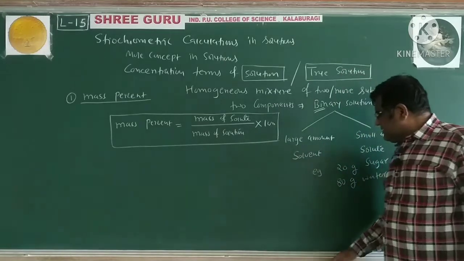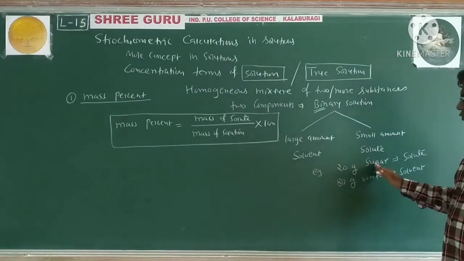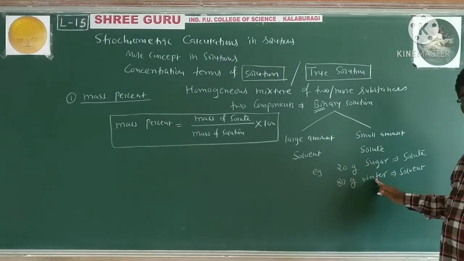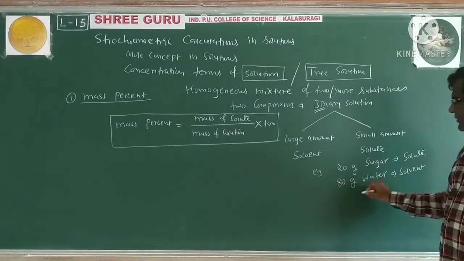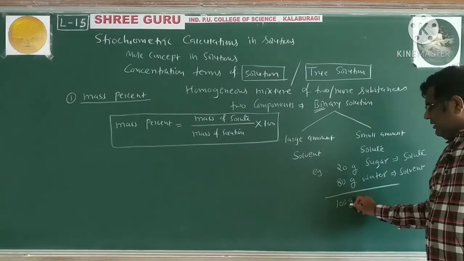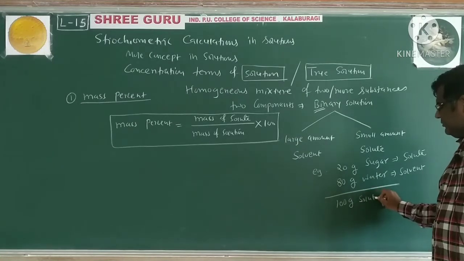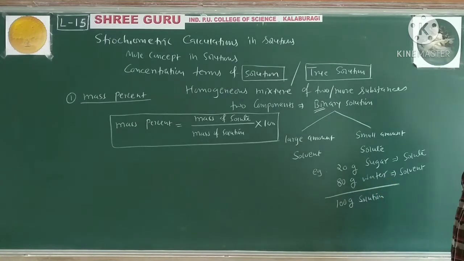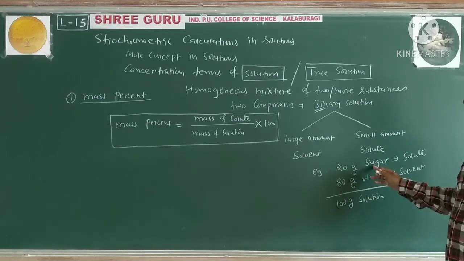If we use this example, 20 gram of sugar, 80 gram of water, this is solute, this is solvent. Together they make 100 gram of solution. Now what is the mass percentage of sugar?